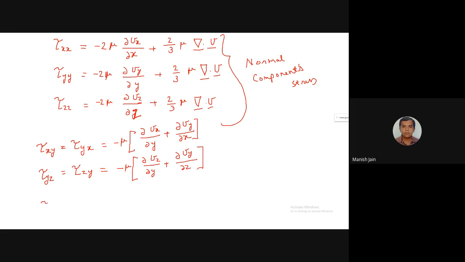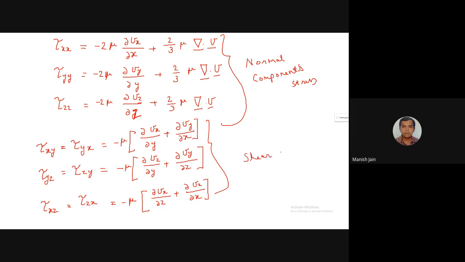Then the third component is tau xz equal to tau zx, that is equal to minus mu del Vx by del z plus del Vz by del x. So basically these are the six components, the shear components.